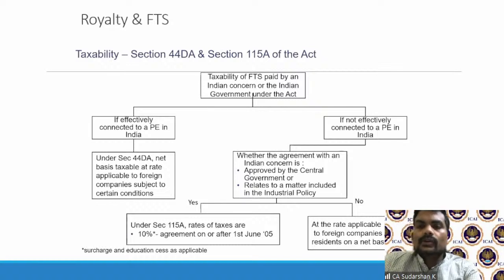So 44DA is just like how you compute your profits and gains on a net basis taxation, because as you all know, 9(1)(vii) goes on gross basis taxation. So if you have a PE in India, they're saying have your books, do a tax audit, file your tax returns, pay your net tax, and the tax rate will be 40%.